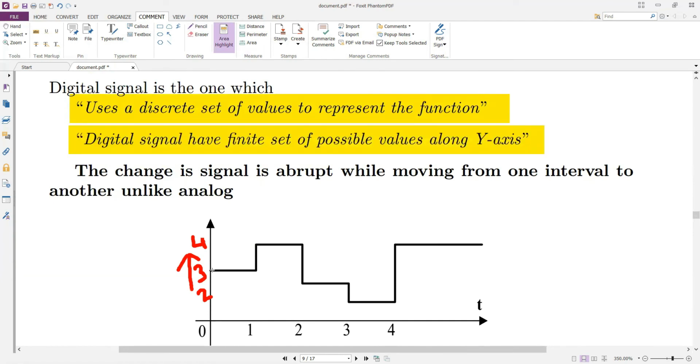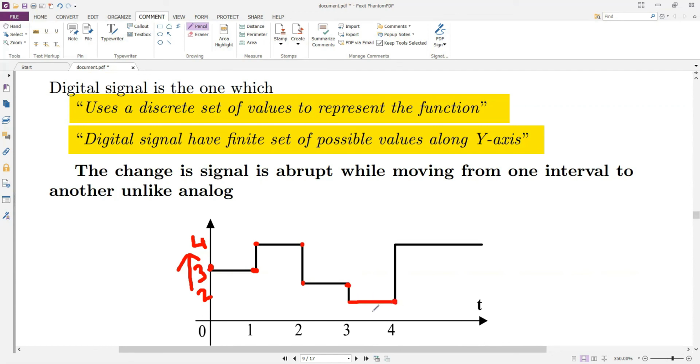If you look at these two points, at t is equal to 0 and t is equal to 1, the value of the signal remains the same; the signal has a value of 3 along the y-axis. Similarly, between 1 and 2, the signal has a value of 4 over the whole interval. So the signal maintains the same value throughout the given interval.